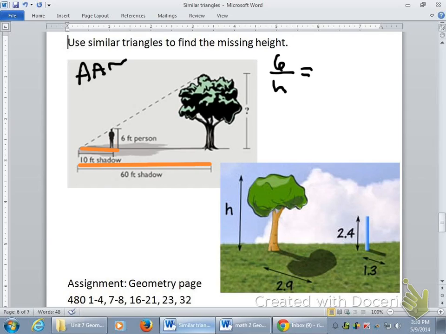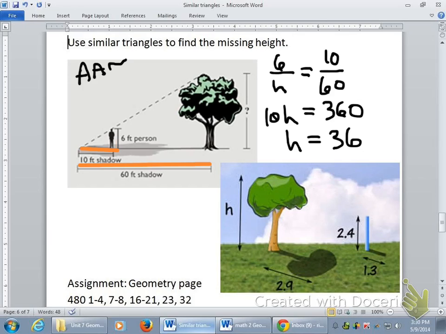Notice that I have to match person to person, tree to tree. So that gives me 10 to 60. And at that point, I hope it's easy to see that you can cross multiply and solve. That's going to be 10h equals 3600, and the height of the tree is 36.